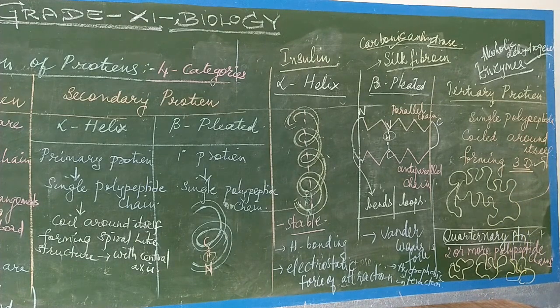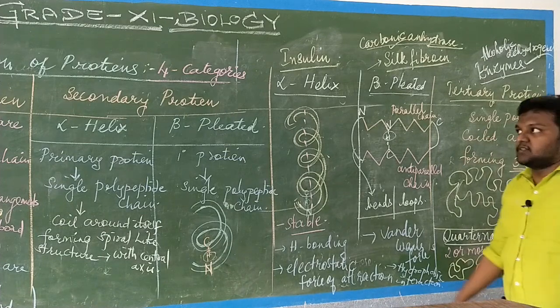For quaternary protein, examples are hemoglobin. Similarly you can take all the immunoglobulins, Ig. Immunoglobulins, antibodies, are all the best examples. So immunoglobulins, hemoglobin, even myoglobin are some of the examples for the quaternary proteins.